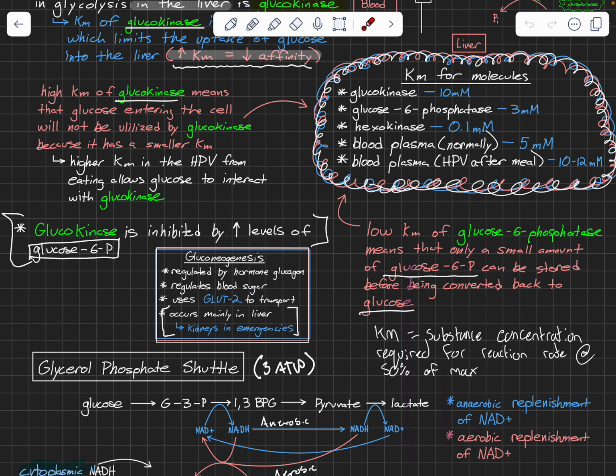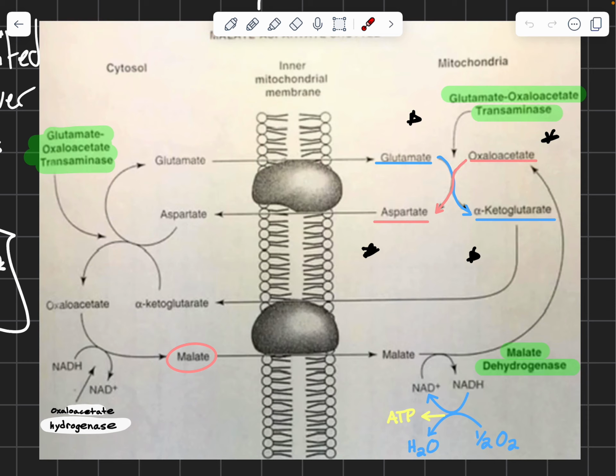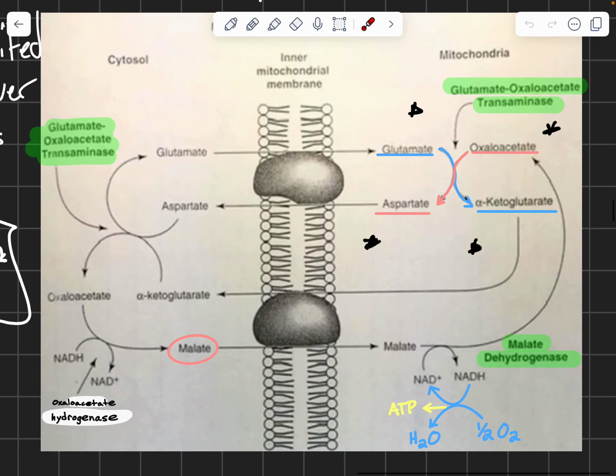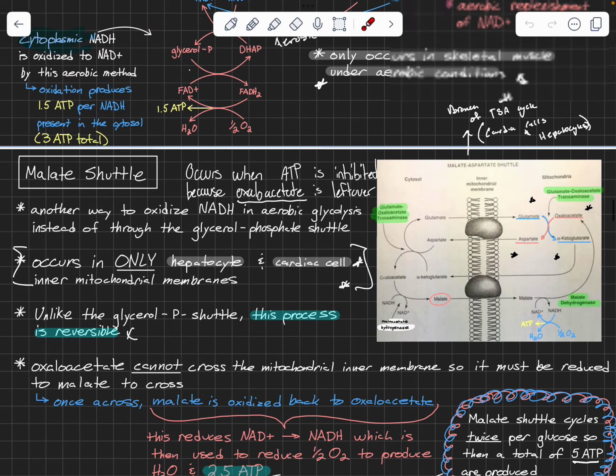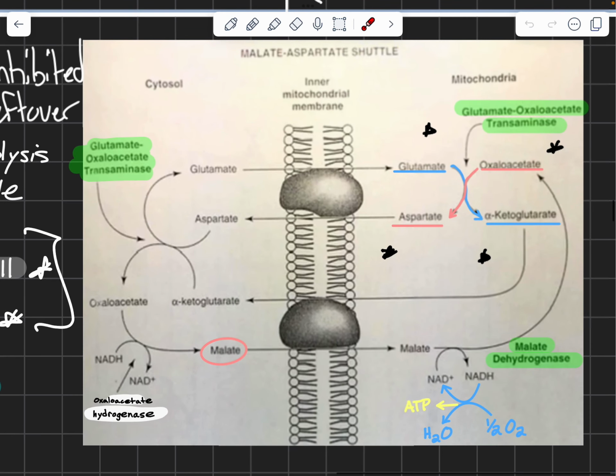We need oxaloacetate to combine with acetyl-CoA to get our TCA cycle kicking. But what happens if we have an overaccumulation of oxaloacetate and we don't have a lot of acetyl-CoA coming down? That oxaloacetate is just going to start collecting at the top, and this is just another way to get some NADH, get some energy going, and replenish some NAD plus supplies.